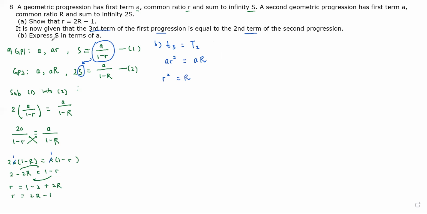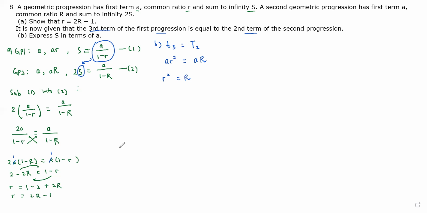Part B, you are asked to express S in terms of A. So either from equation 1 or equation 2, S can be written as A over 1 minus a common ratio. To express S in terms of A alone, that indicates that we need to find the value of the common ratio, either the big R or the little r, it doesn't really matter.